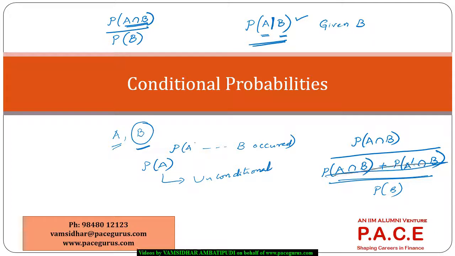Instead of this entire thing, I could have simply written it as probability of B occurring, because it is whether A has occurred or not. I'm finding out what is the probability that B has occurred. Then given B has occurred, what is the probability that A also has occurred? Both A and B have occurred, divided by the probability of B occurring.